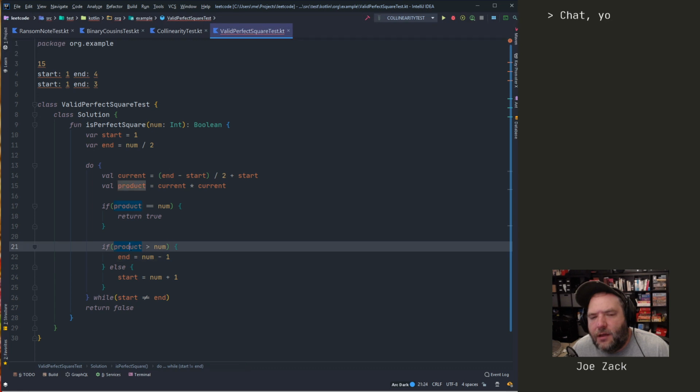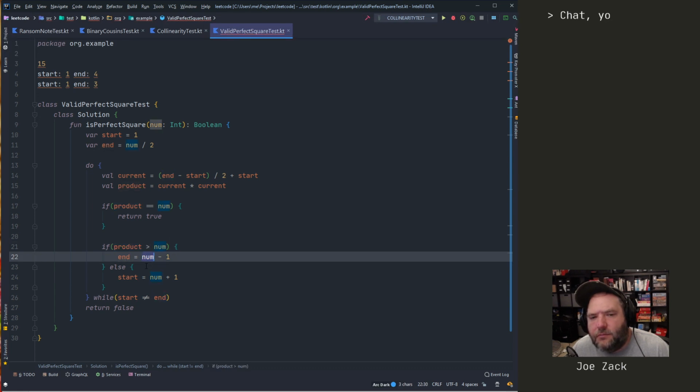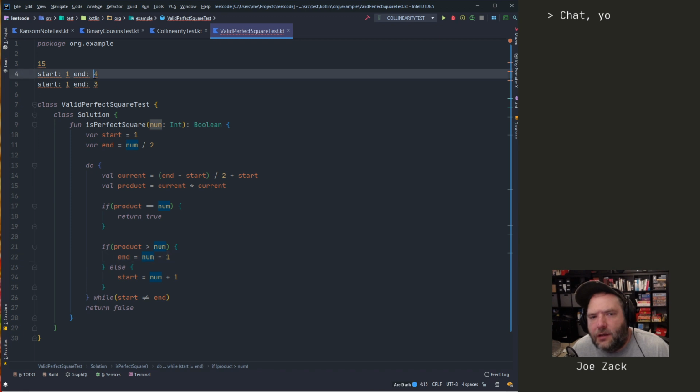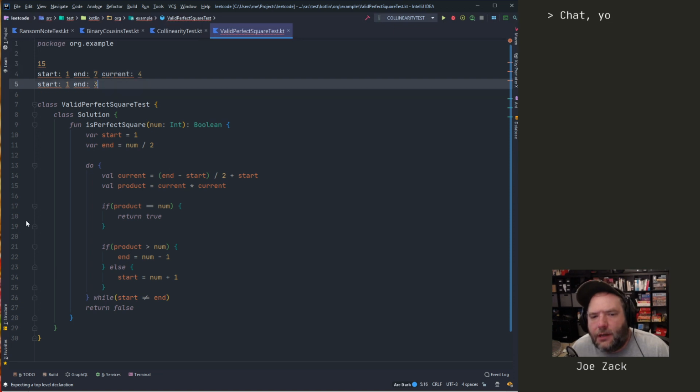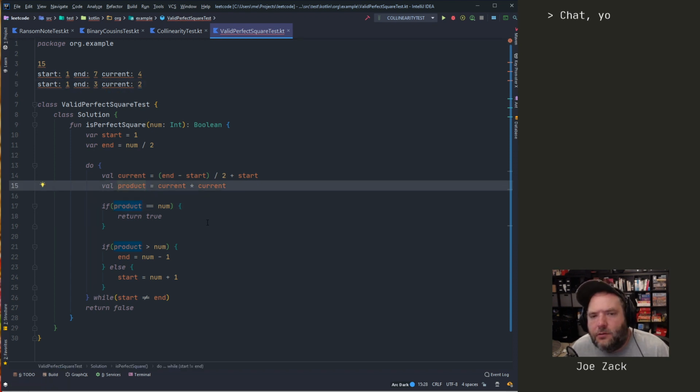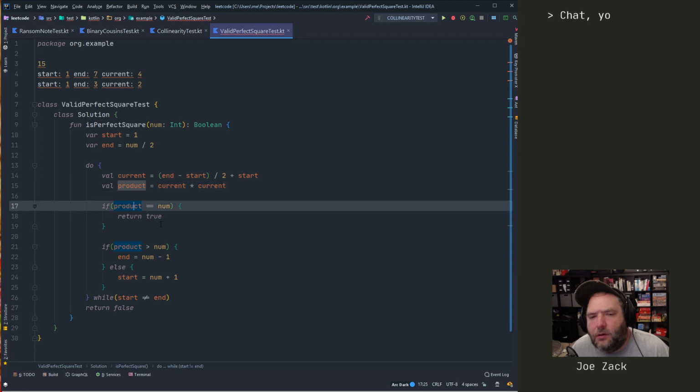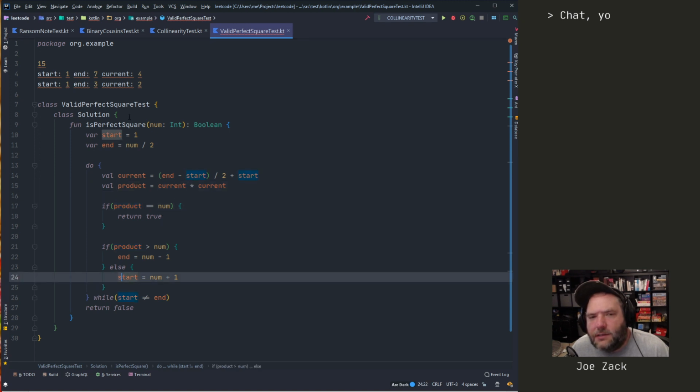Wait. Our product was greater, so we said our end becomes... Oh, end was 7, which made our current 4. Alright. So now we've got 1 and 3. We whip back around here. 3 minus 1 is 2, divided by 2, it's our current. 2 times 2 is 4, which is far less.